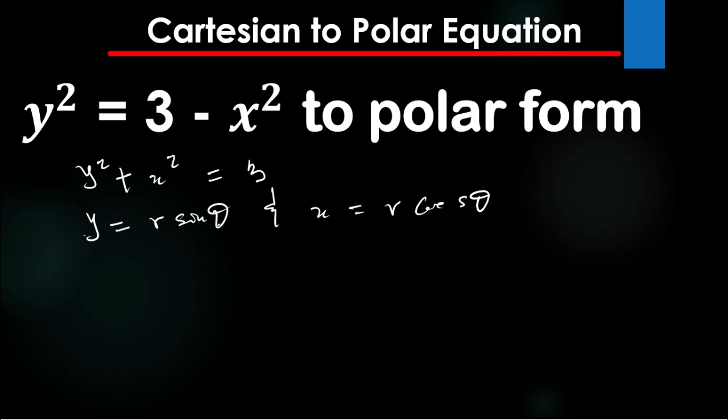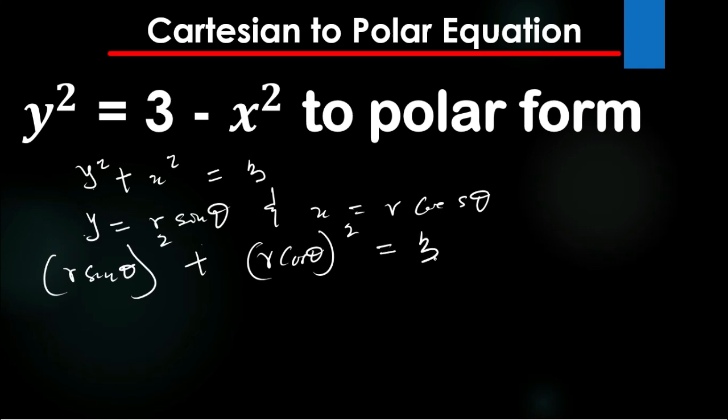So in place of y, I'll have r sine theta all squared, plus in place of x, r cos theta all squared, is equal to 3.